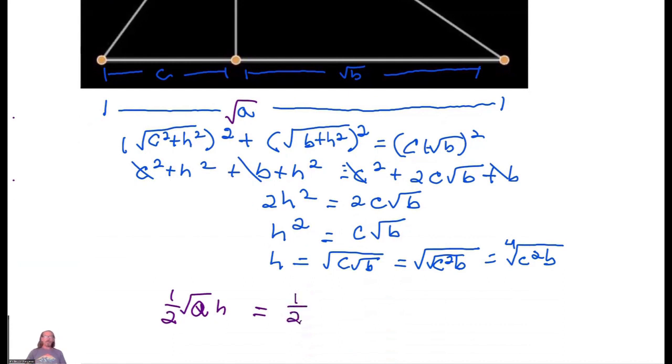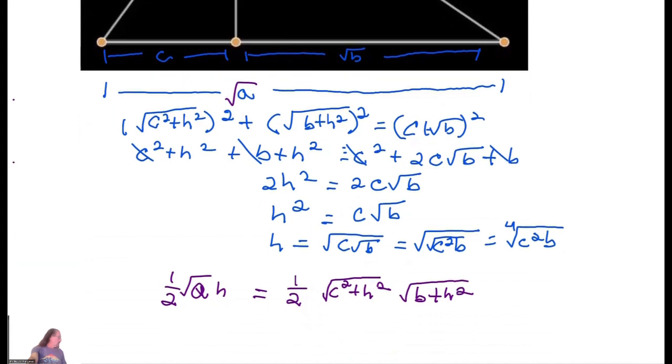So 1/2 of the square root of C squared plus H squared times the square root of B plus H squared. Multiplying both sides by 2.